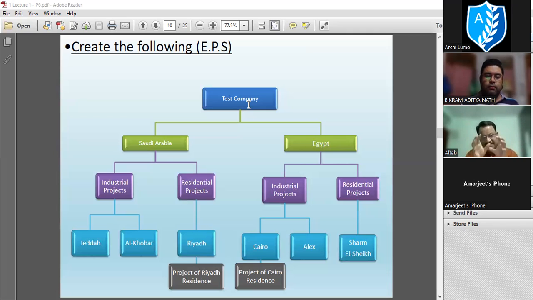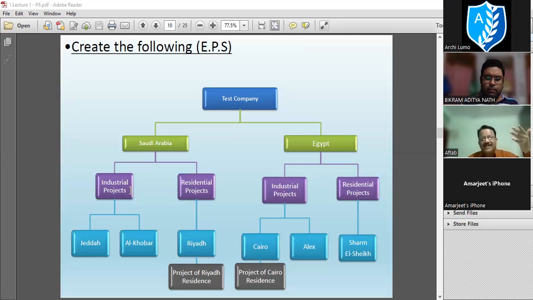That company is dealing in two regions. So Saudi Arabia and Egypt are the sphere of work where this company is working. Under Saudi Arabia, some industrial projects are there, some residential projects are there.